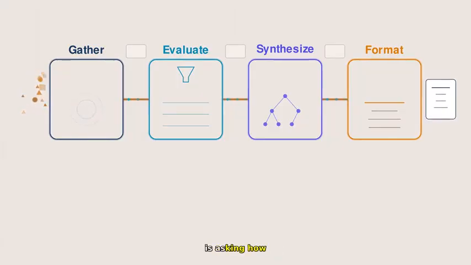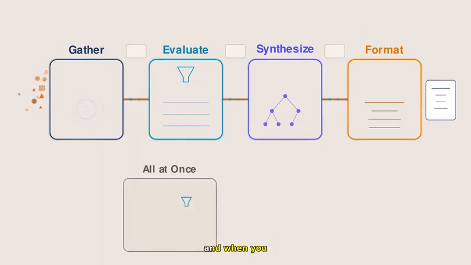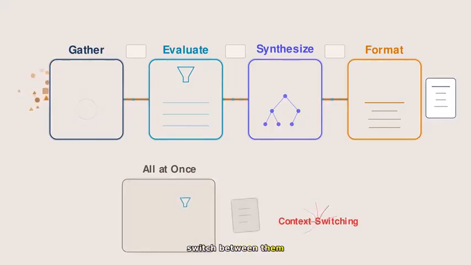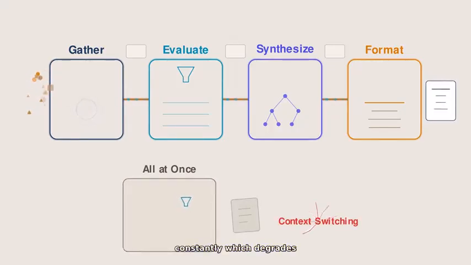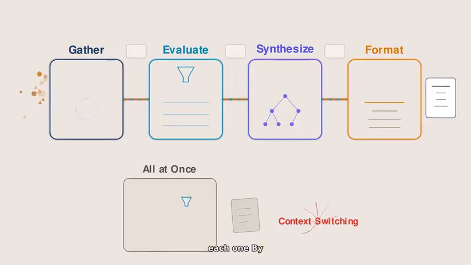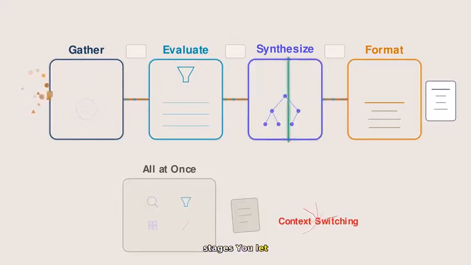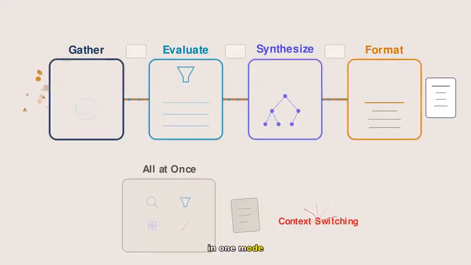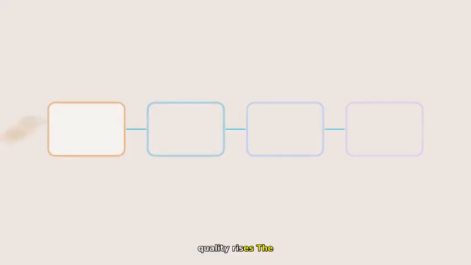The model is asking, how should this be expressed? Each of those is a different cognitive mode, and when you try to do all 4 simultaneously in a single prompt, the model has to context switch between them constantly, which degrades the quality of each one. By separating them into stages, you let each stage think in one mode, and your output quality rises.